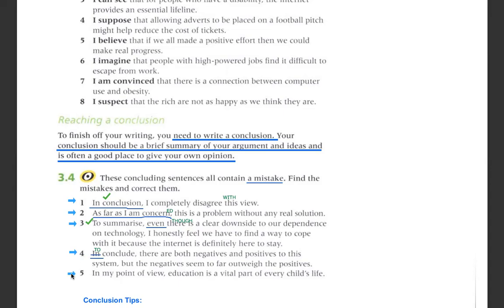Right, and the last one, number 5, this is a common mistake. So please write it down if this is a mistake that you make, it's important. The mistake is here, and this is a common mistake that lots of people make. This is not correct. What should it be?